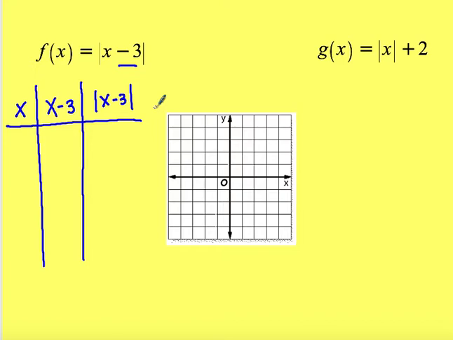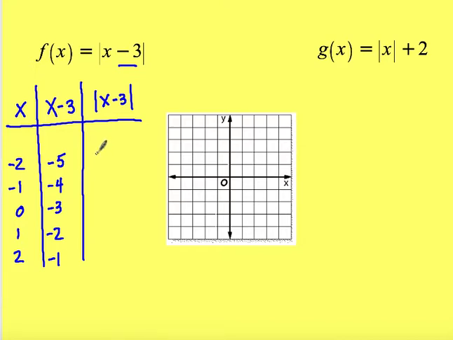All right, so when I'm plotting our points here, I can start at -2, -1, 0, 1, and 2 and see what happens. I'm going to subtract 3 from each one of these 5 values, and that's going to give me -5, -4, -3, -2, and that last one's going to give me a -1.